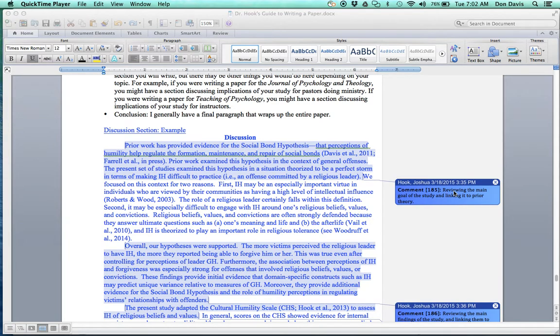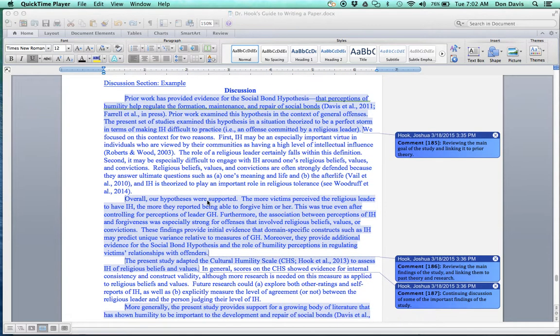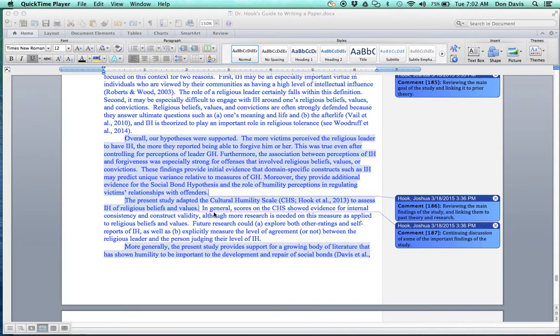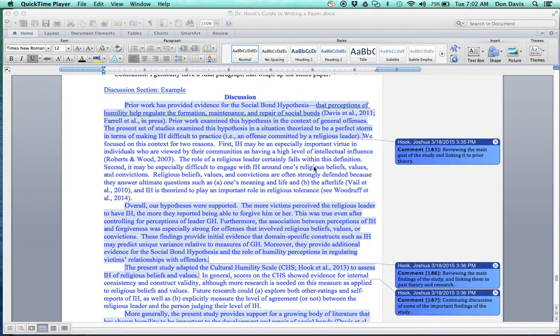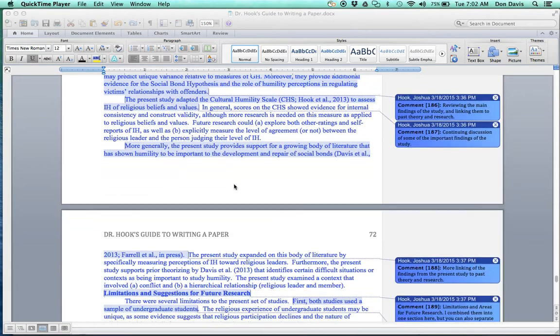So he restates the main goal of the study, and then he has a paragraph that restates the primary findings, and then he elaborates on some of the more important findings and implications. What he's trying to do is just give you a sense of the purpose of each paragraph.